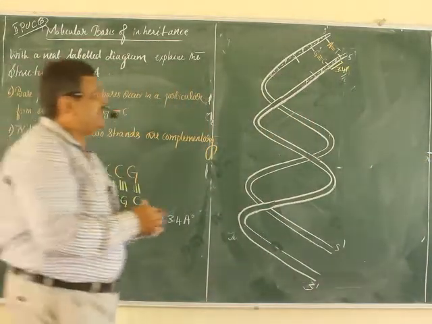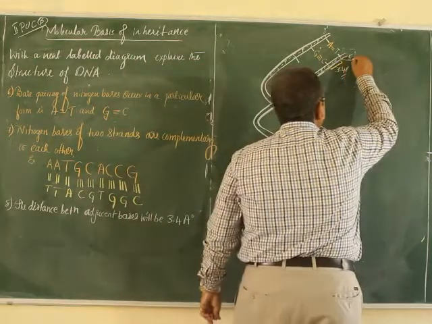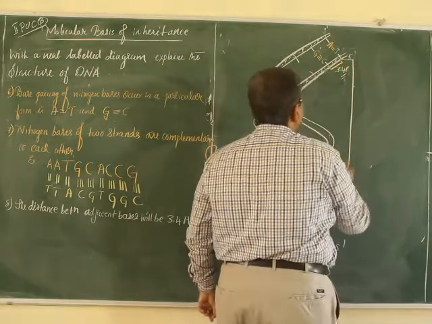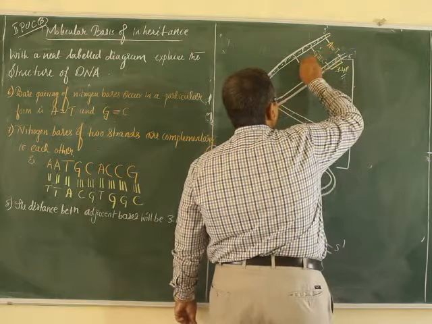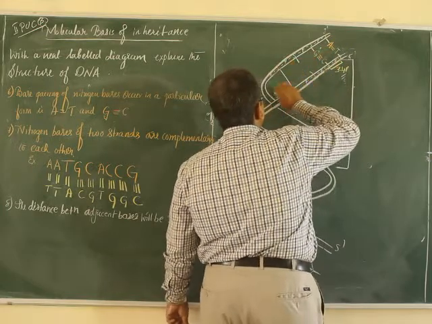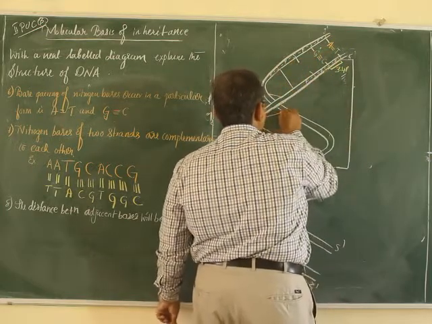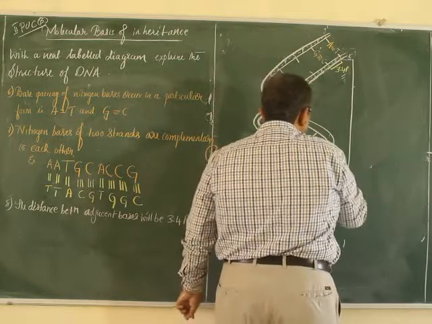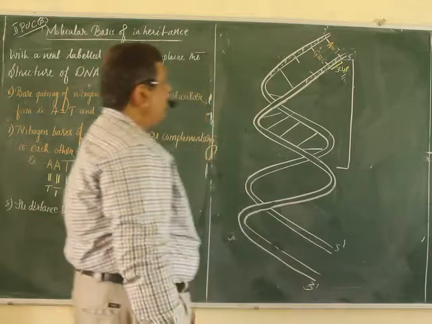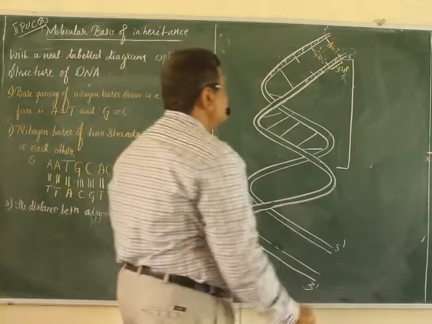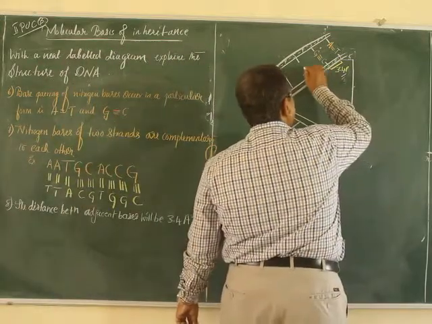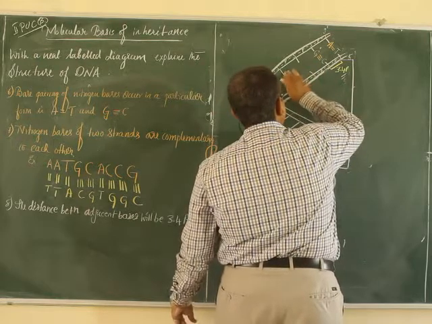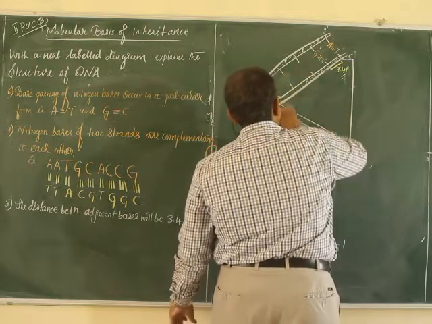From here to here it is one complete turn. You can see 1, 2, 3, 4, 5, 6, 7, 8, 9, 10. If you can't understand this, I will write the base sequences.